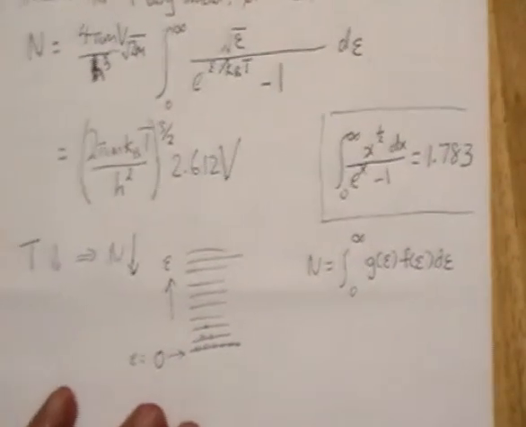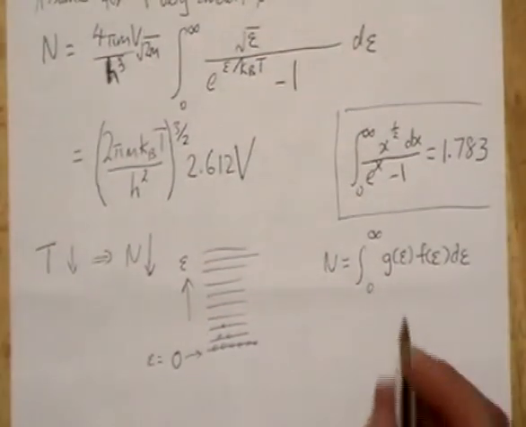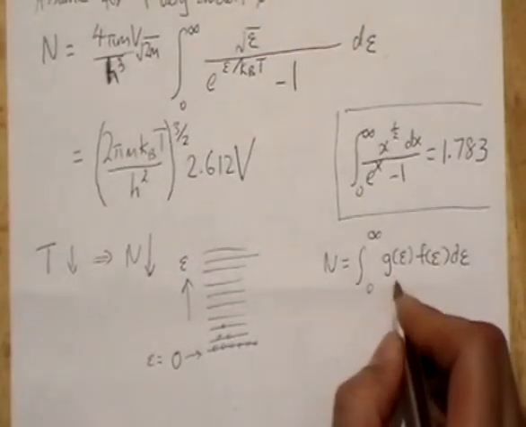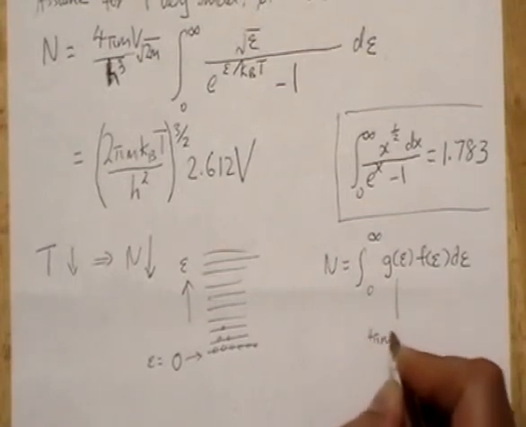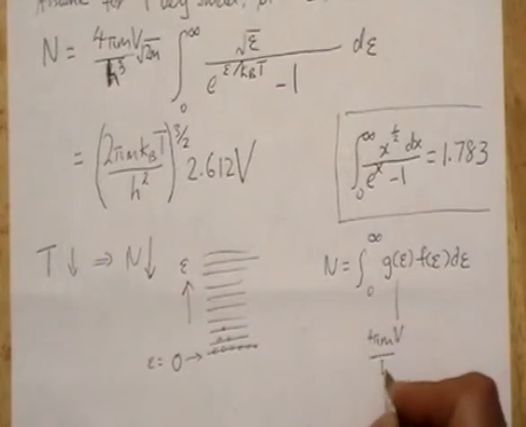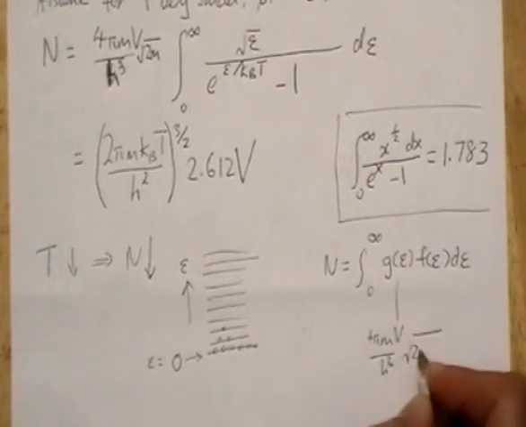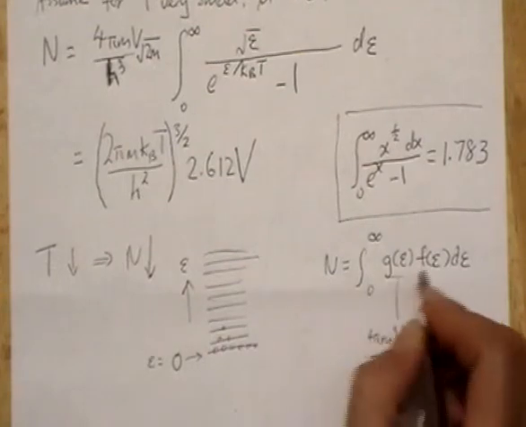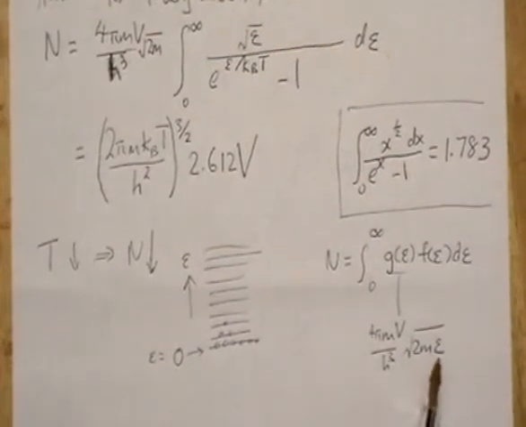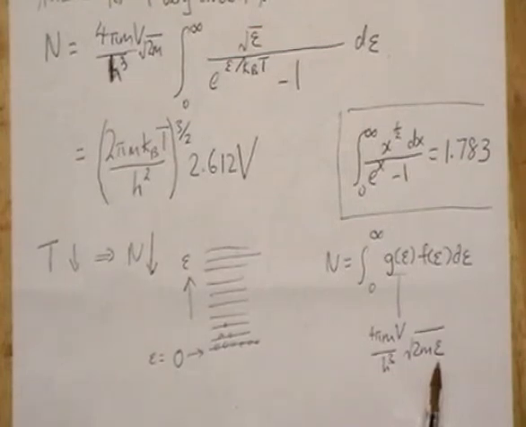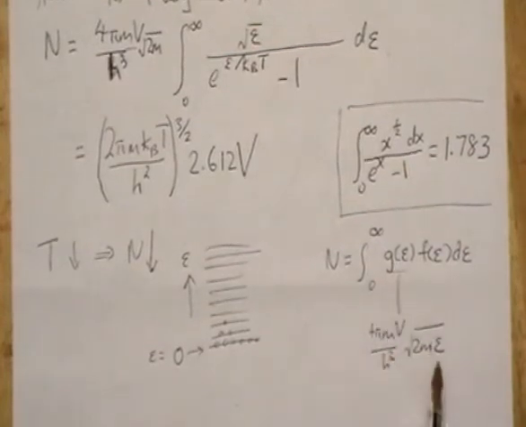Now let's remember the expression for density of states. That's 4 pi m V over h cubed times square root of 2mE. That's the density of states. Now notice that when E is equal to 0, the density of states is 0 because it's related to the square root of E.